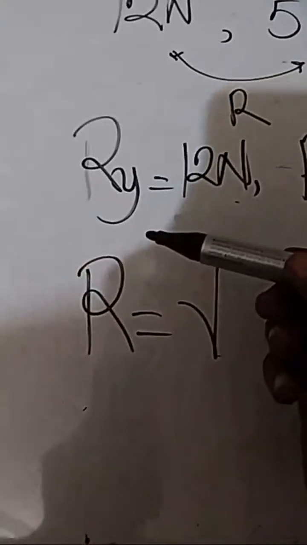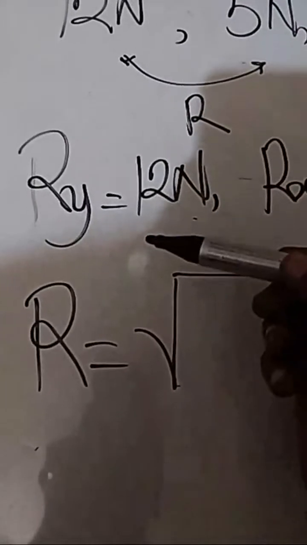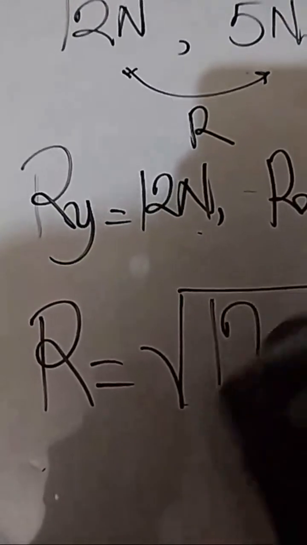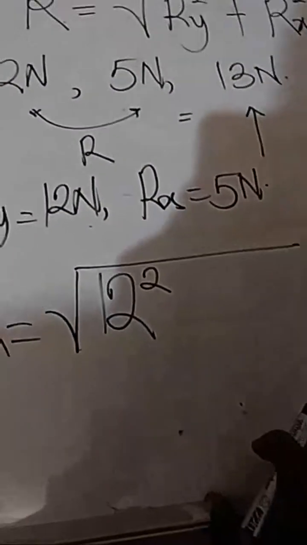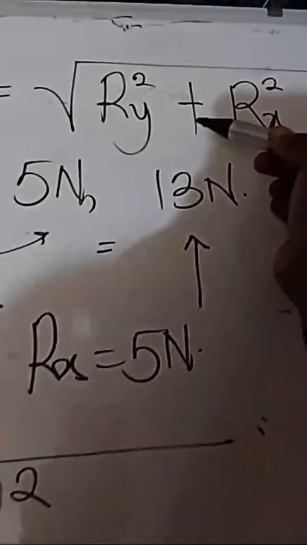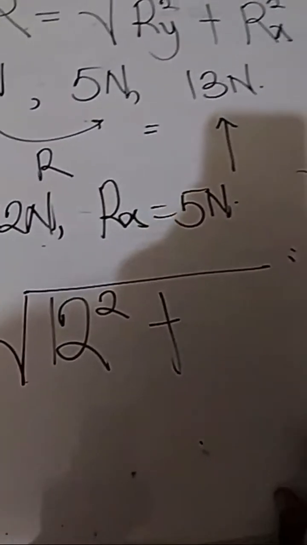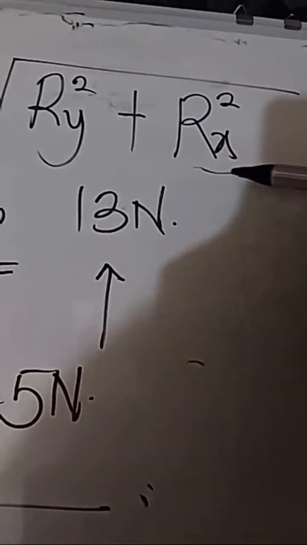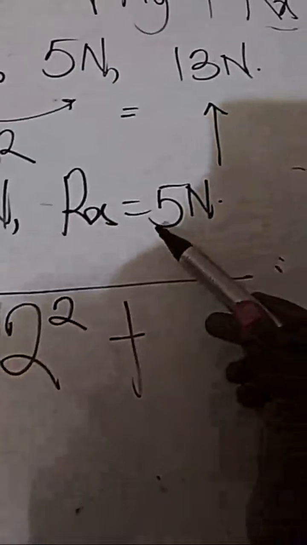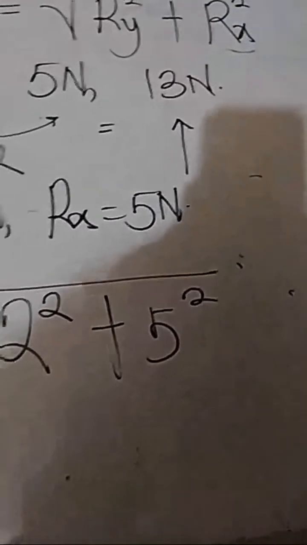That simply means I am going to put a square on 12, and that will become 12 square. Then afterwards, there is an addition sign here. That means I am going to put an addition plus. Afterwards, there is an RX here. And what is the value of RX? 5. And there is a square on RX. It simply means I'm going to have 5 square.